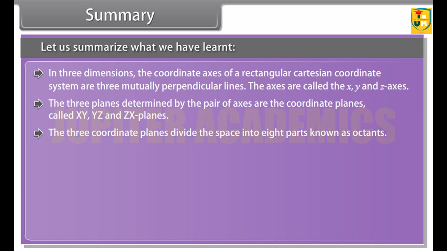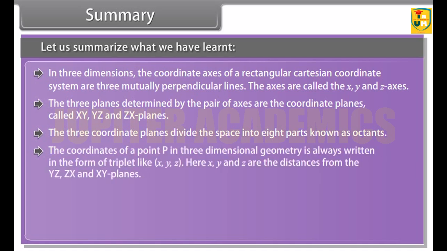The 3 coordinate planes divide the space into 8 parts known as octants. The coordinates of a point P in 3-dimensional geometry are always written in the form of a triplet like (x, y, z). Here, x, y and z are the distances from the yz, zx and xy planes.